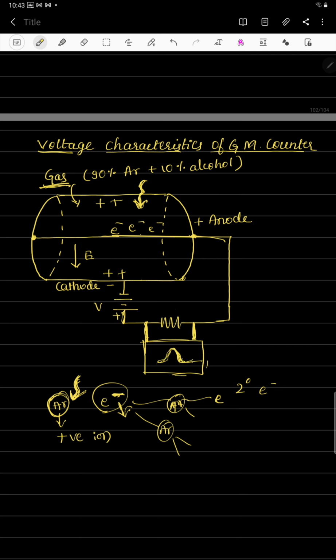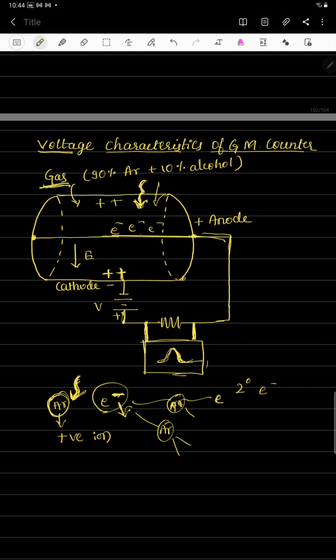So a pulse means an ionizing particle has entered the gas tube. Then the electrons come towards the cathode, complete the circuit, and combine with the positive ions at the cathode. Recombination of electrons and positive ions takes place and neutral atoms are formed again.